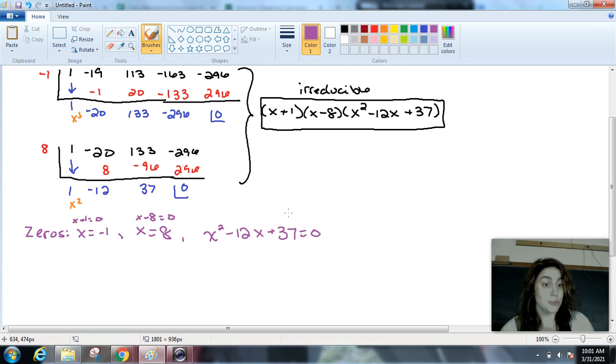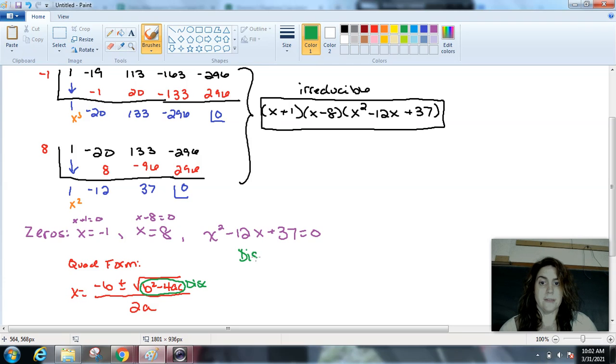And in order to do so, I need to use the quadratic formula. So quadratic formula, a reminder, is x equals -b plus or minus the square root of b squared minus 4ac all over 2a. And we're going to start by finding this piece first, which we call the discriminant.